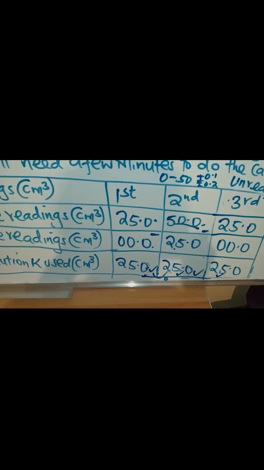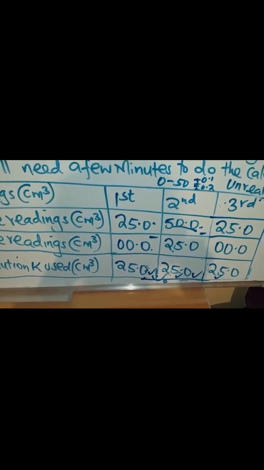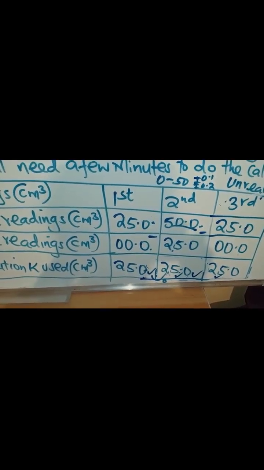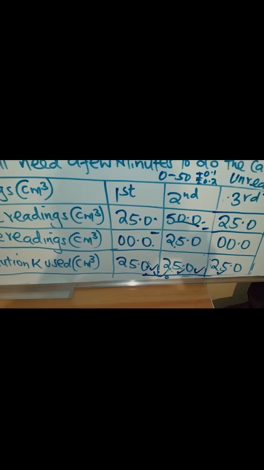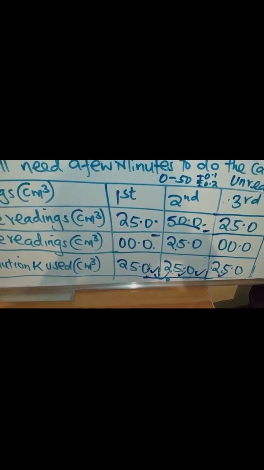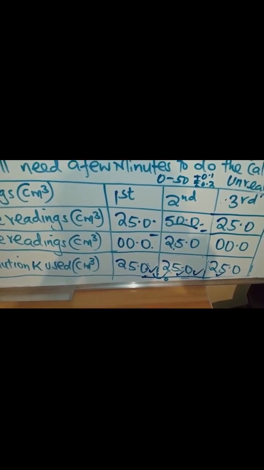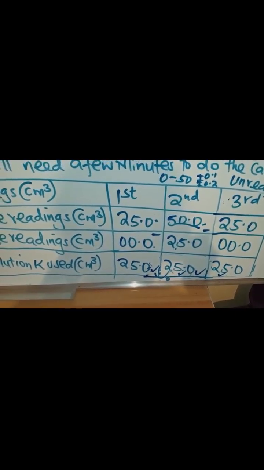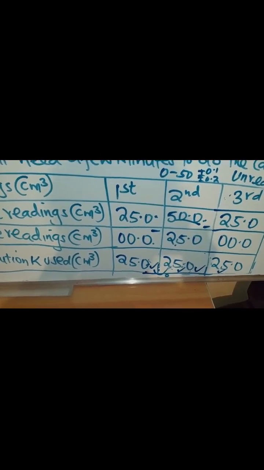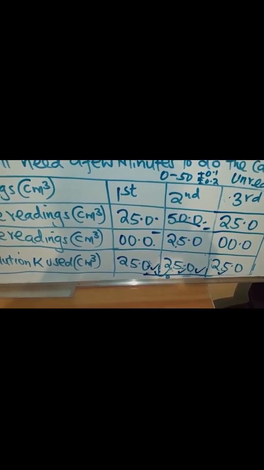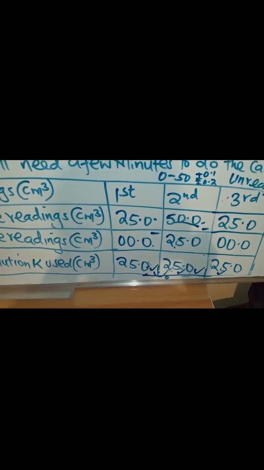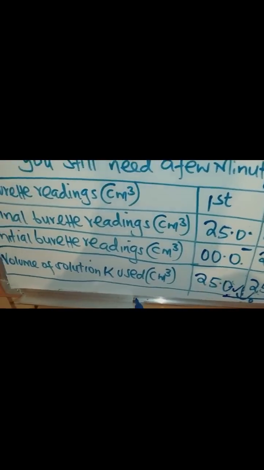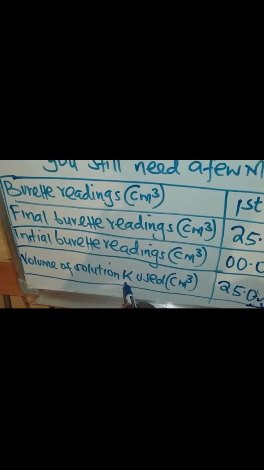So this should be remembered, that the values you get in your table are the same values that you should use when you are doing the calculations. How are the values used during the calculations? Once you do the average, the value that you get will be the volume of the solution that you had indicated in your table.